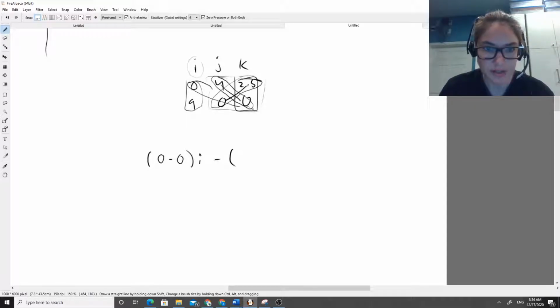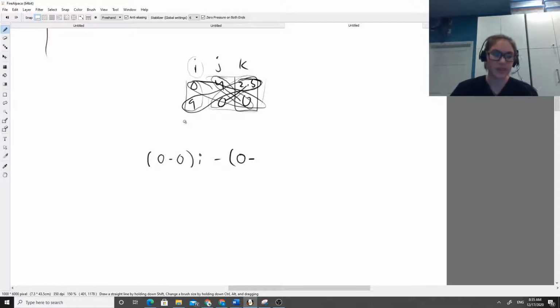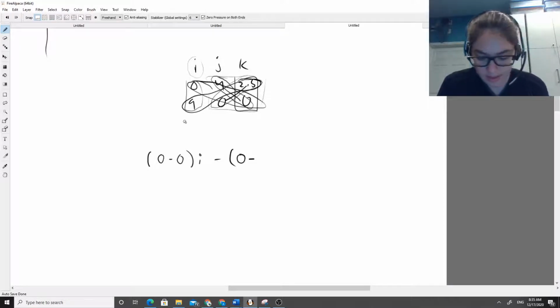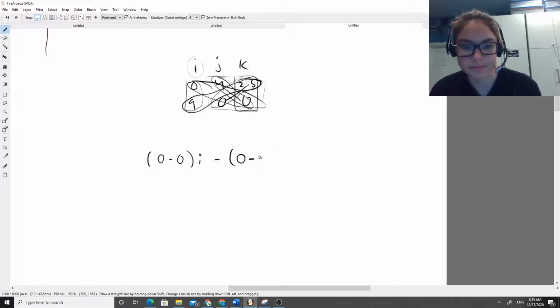So we say, okay, 0 times 0, that's the first diagonal, minus 9 times 2.5. So here I'm going to say 9 times 2.5 is equal to 22.5. And that's going to be j.